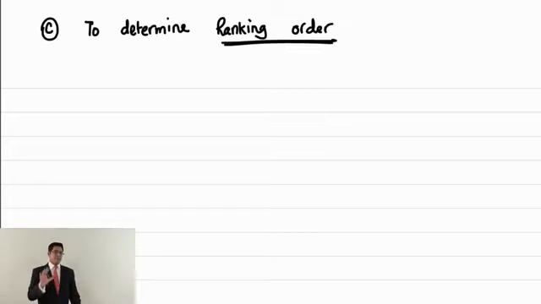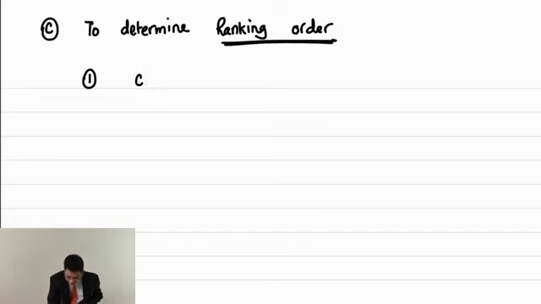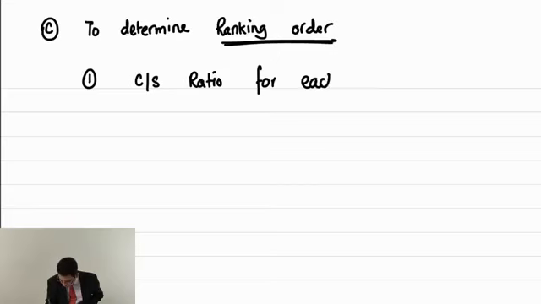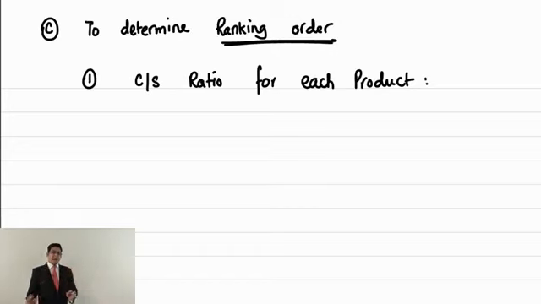Very simple. All you need to do is, number one, calculate the CS ratio for each product. Okay, very simple. Calculate the individual CS ratio for each product.